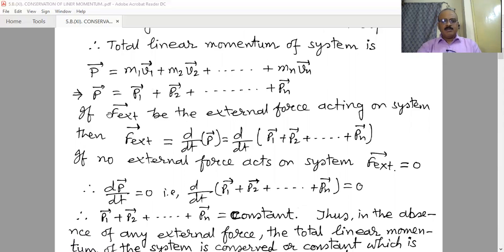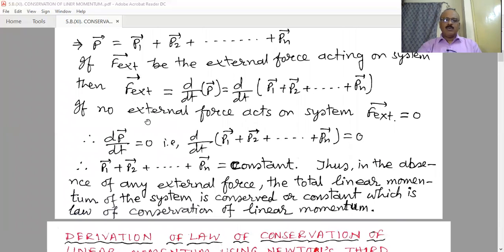Suppose an external force is acting on the n-particle system. As a whole we can write F external equals d/dt of P vector, and since P is p1 plus p2 plus p3 and so on up to pn, d/dt of P is d/dt of p1 plus p2 plus up to pn.